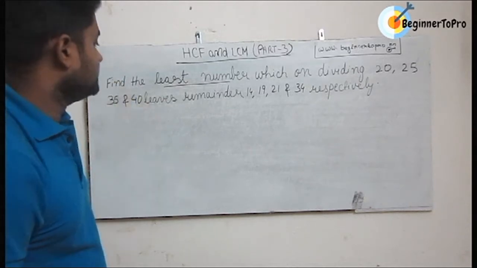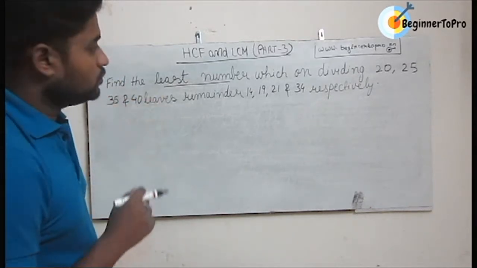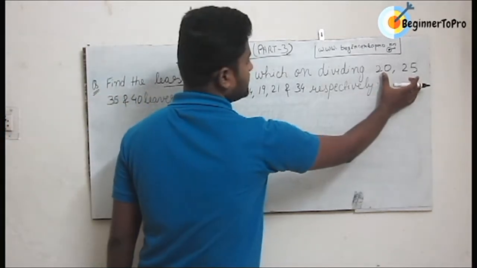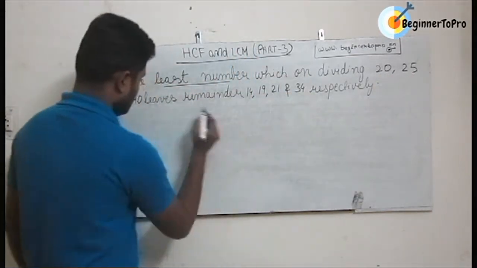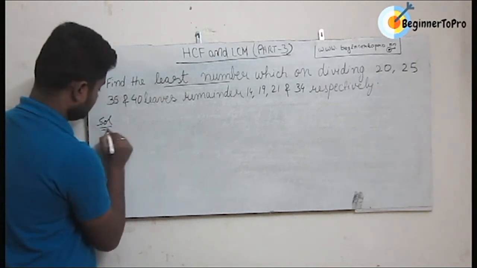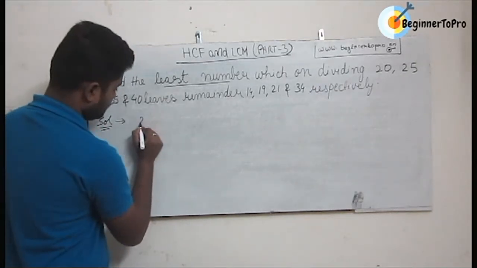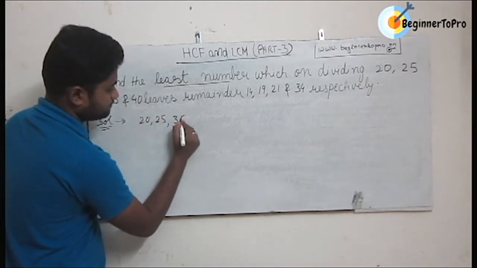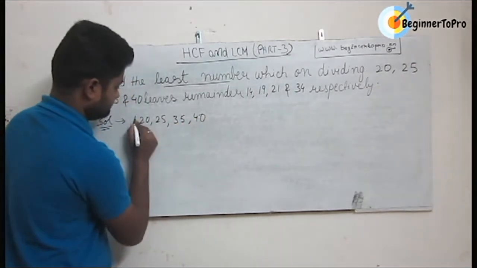So how to approach this type of question? To solve these types of questions, simply find the LCM of the given numbers. First we will find the LCM of 20, 25, 35 and 40.